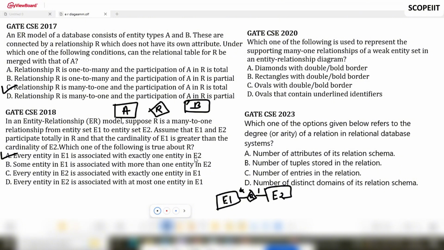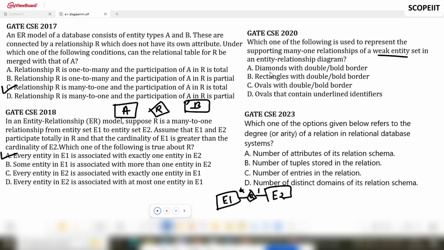Next, this is your GATE 2020 question. Which one of the following is used to represent the supporting many to one relationship of a weak entity set in an entity relationship diagram?